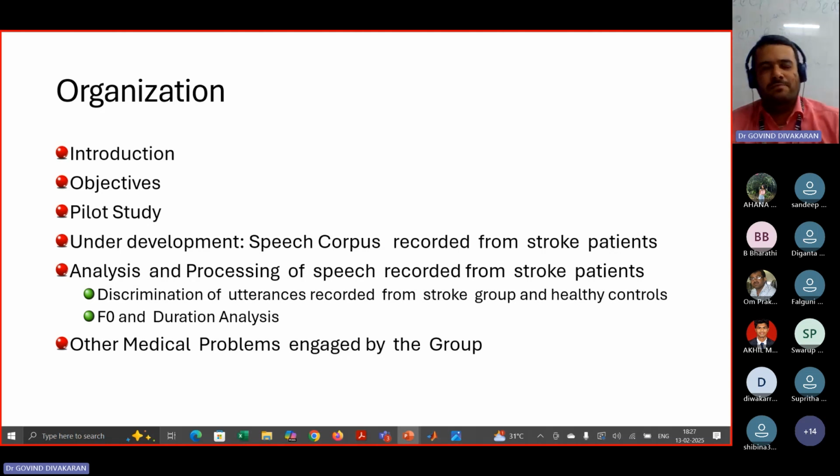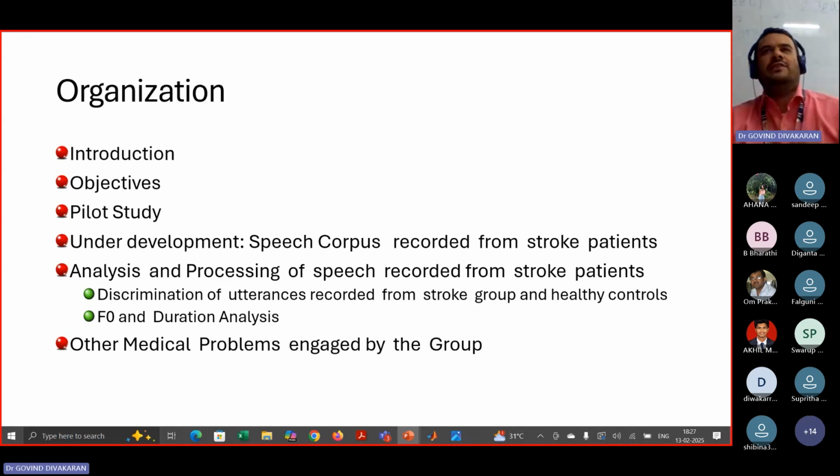So the role of the engineers is to work on the problems defined by the doctors. For that we have to demonstrate what we are trying to do here. As a part of that, we did this pilot study by taking this as the case, and we developed the proof of concept based on that.